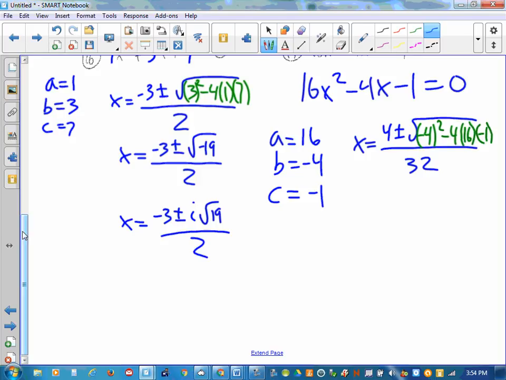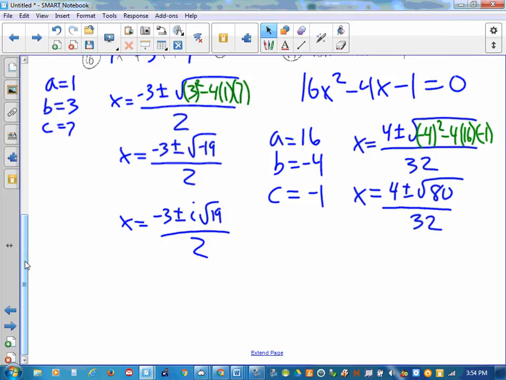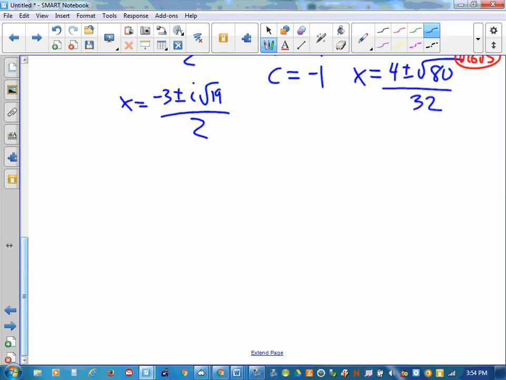We go ahead and do that, and we get 4 plus or minus the square root of 80. So the green part goes to 80 over 32. Then we notice that 80 can be split up into, I've always split them up with red, 16 and 5. So 16 times 5 makes 80. It's the largest perfect square that goes into 80.